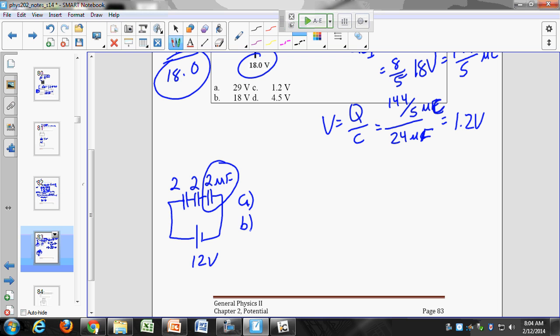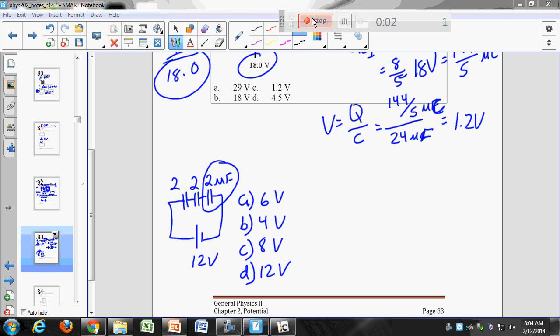Is it 6, 4, 8, or 12 volts? Which is it? On that third 2 microfarad capacitor, which is it? 6, 4, 8, or 12 volts?